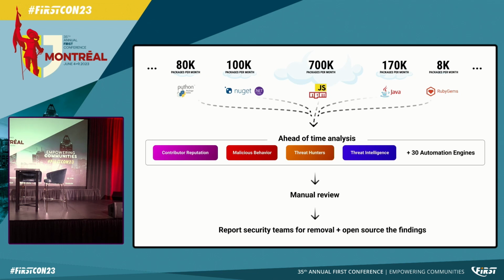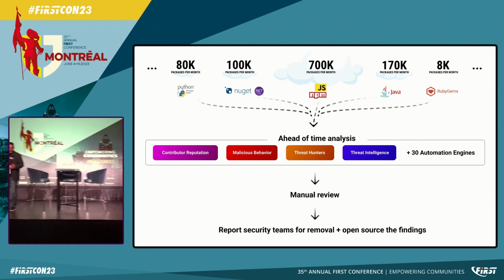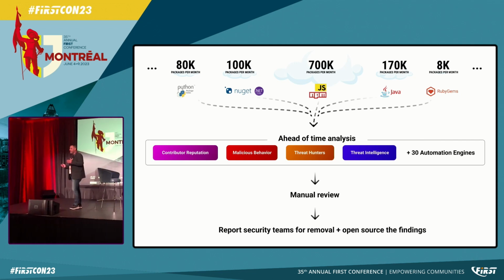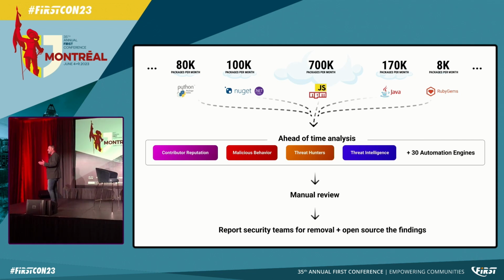We are not looking for logical flaws like missing validation or buffer overflow, but at the behavior analysis of the package. Is the package trying to touch your SSH keys? What do we know about the contributor reputation of the person who actually published that? Do we have any threat intelligence that correlates to that behavior, both statically and dynamically?